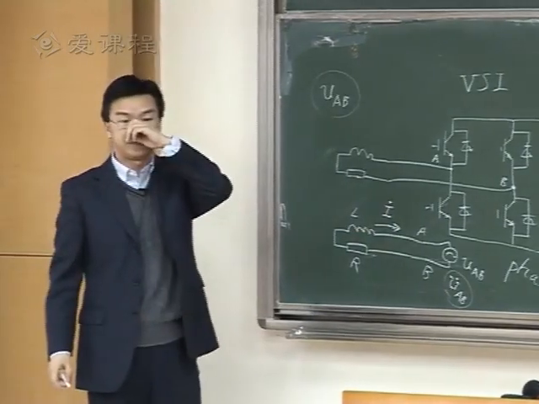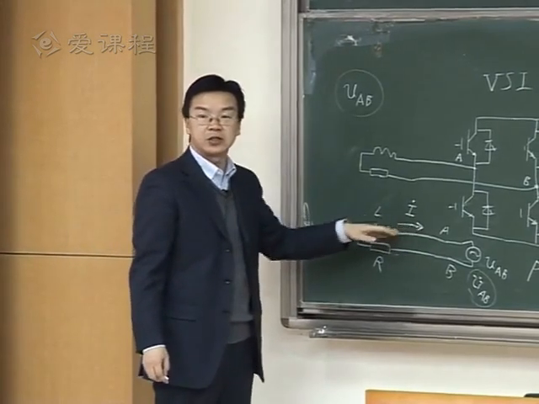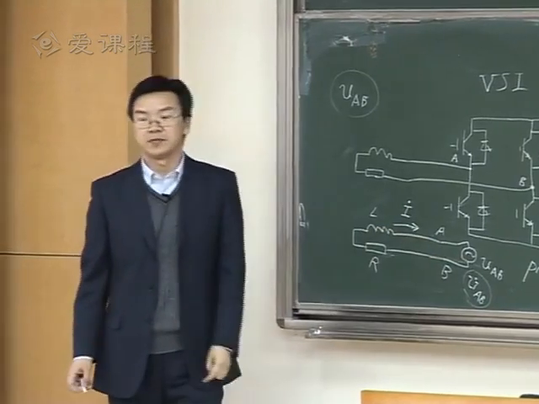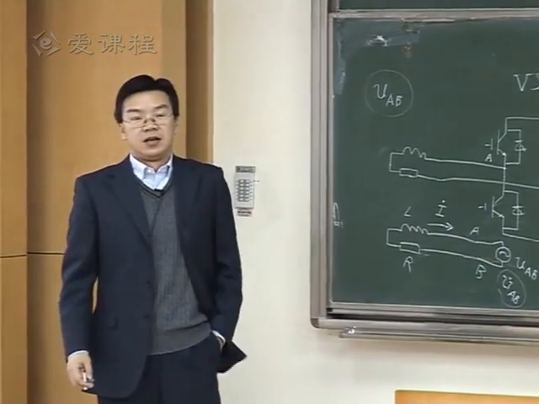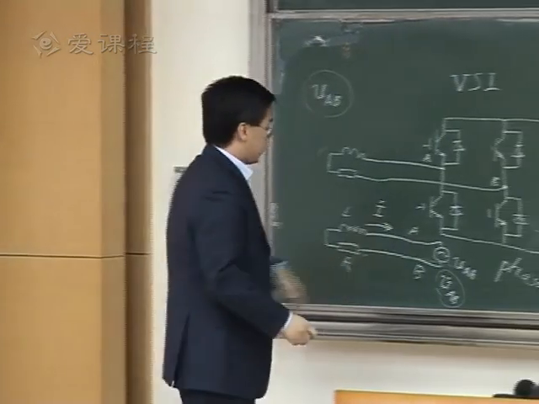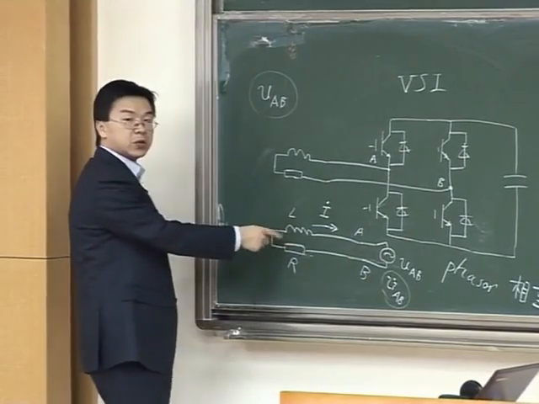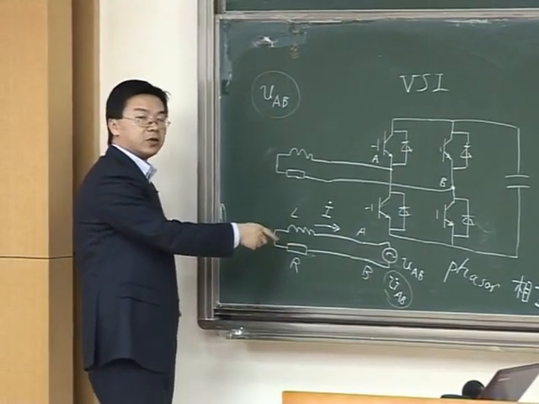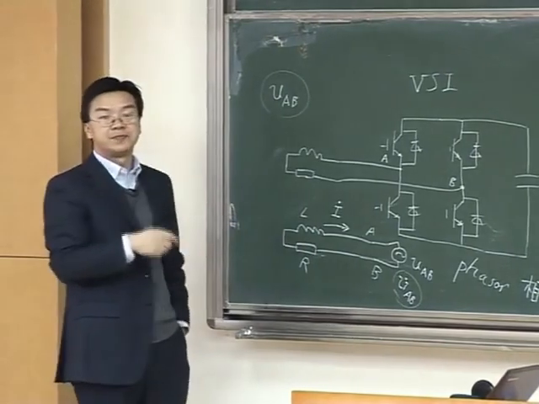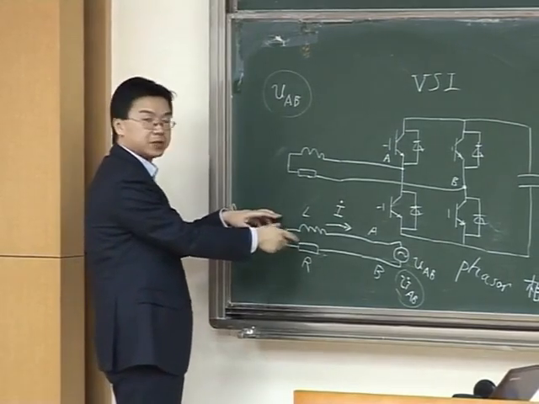That's the phasor method. This current is also a sine wave, because the voltage is a sine wave. This is the case when the AC side is only inductor or resistor. We call that a passive load, because there is no source in the load.